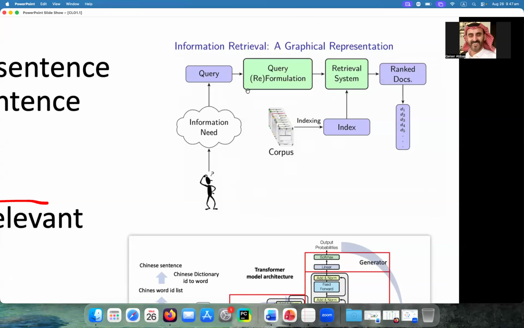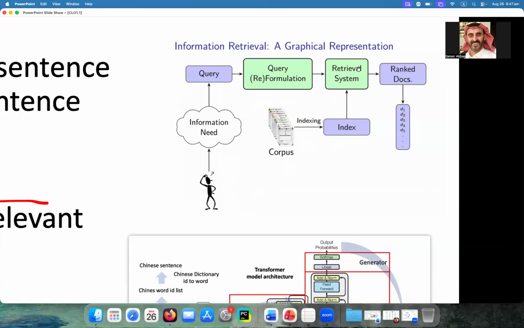So now the query is there with the retrieval system, and the retrieval system is retrieving documents by using this indexing technique. Those documents are coming back here.